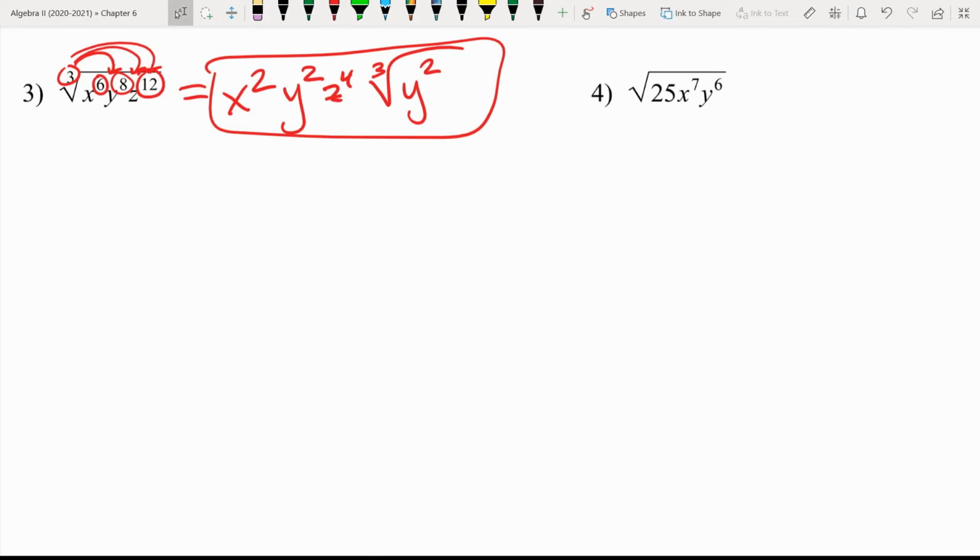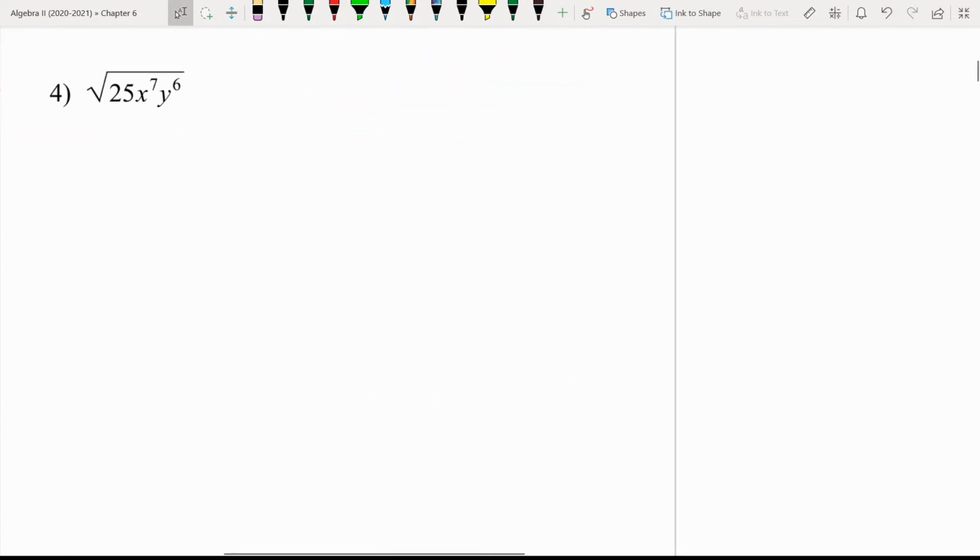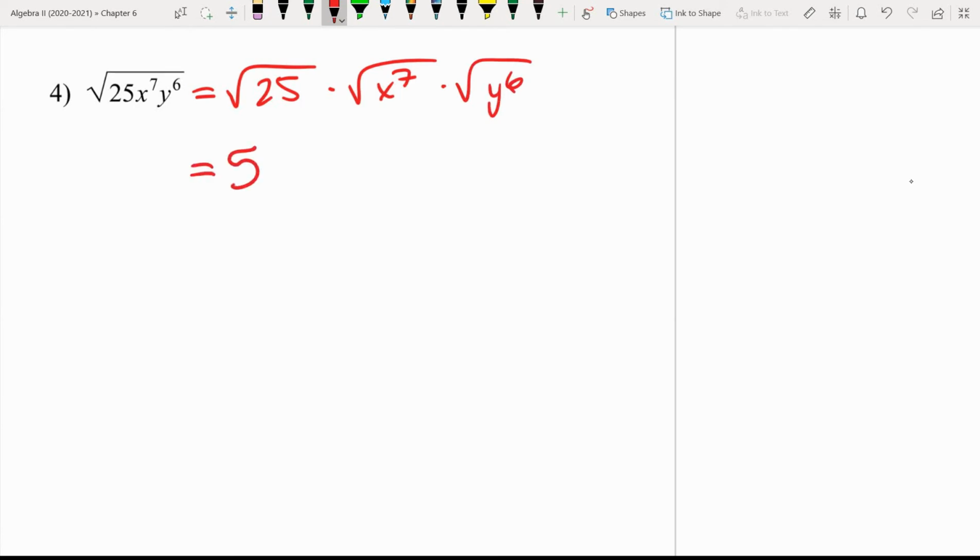This one over here, number 4. If we split this up and think about this as the square root of 25 times the square root of x to the 7th times the square root of y to the 6th, and we do each one individually, if you want to think about it this way. Square root of 25 is 5. Square root of x to the 7th, well, remember I'm seeing how many times 2 will divide into that. 2 divides into 7 3 times, so that's x to the 3rd out here, but there's 1 left in there.